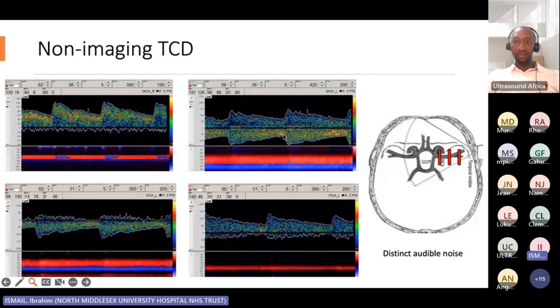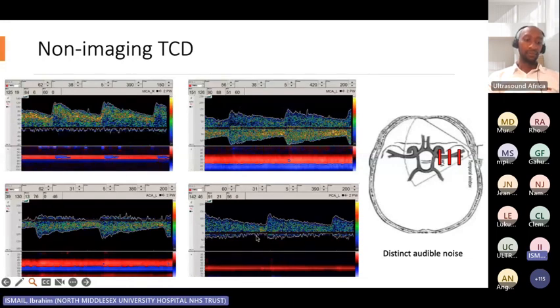So at that point, you know the differentiation between the two vessels, and then you angle the interrogation window more anteriorly to get more of the ACA, which will look like this right here. And if you angle it more posteriorly towards the PCA, it will look something like this.